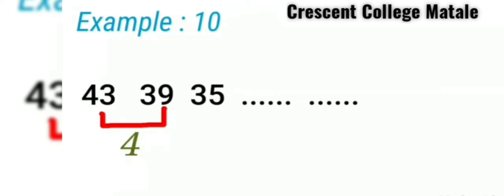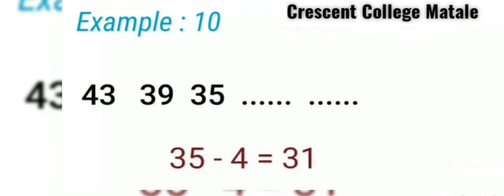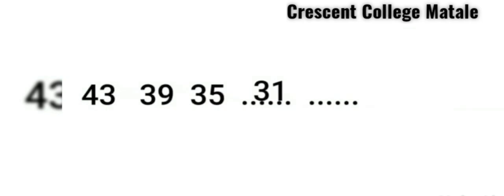Now I have to subtract to find the next number. I have to subtract 4 from 35. 35 minus 4 equals 31. Now to find the next number, we have to subtract 4 from 31. 31 minus 4 equals 27.